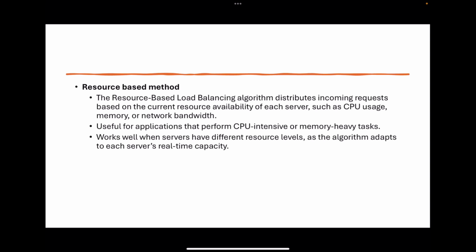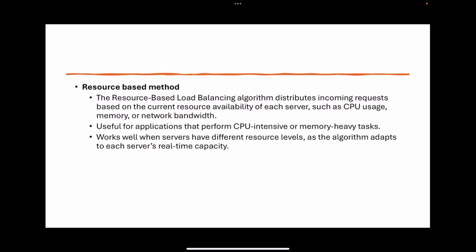So the incoming request basically goes to the one that has higher capacity, in short, and this is useful for applications requiring very CPU-intensive or memory-intensive tasks, and these work well when servers have different resource levels, as the algorithm adapts to each server's real-time capacity.